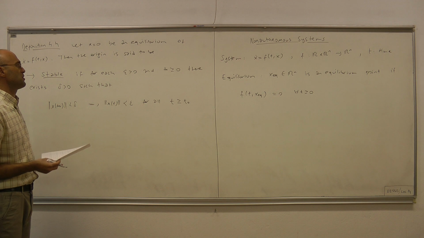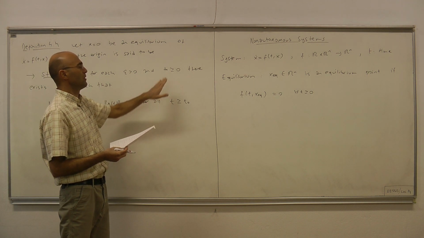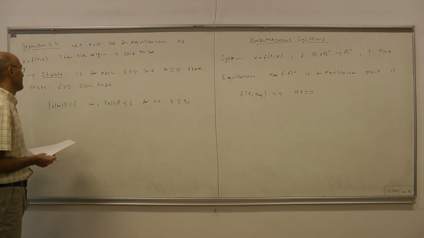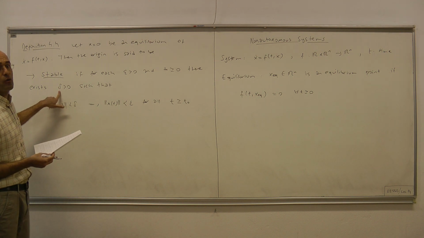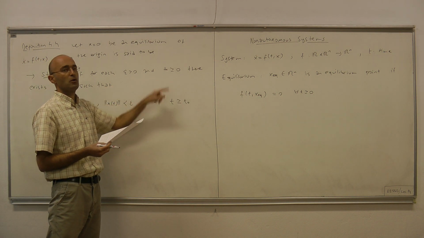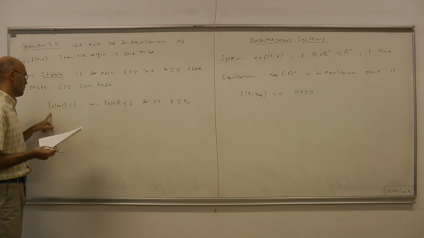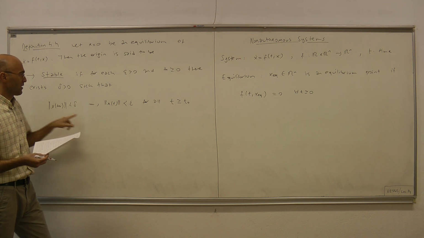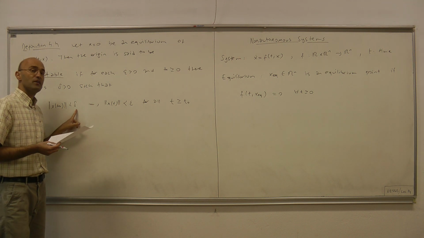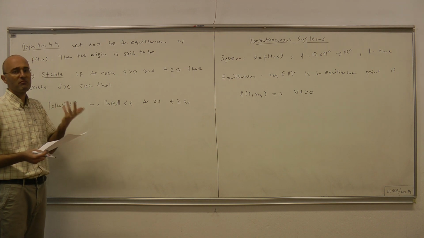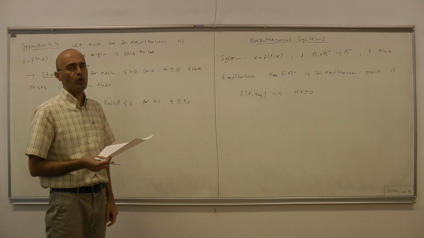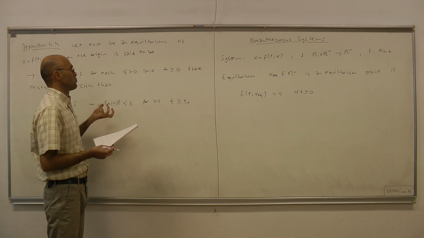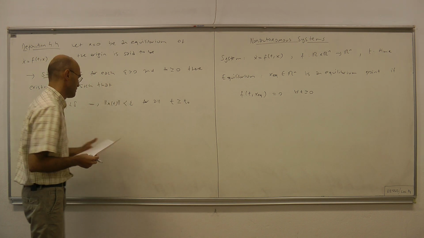Whereas with a non-autonomous system, the initial time does matter. So in that case, delta will depend not only on epsilon but also on t0. Okay. So, given an epsilon on Monday, one delta will work, but on Tuesday, that same delta will not work. So delta has to be a function of both epsilon and t0.